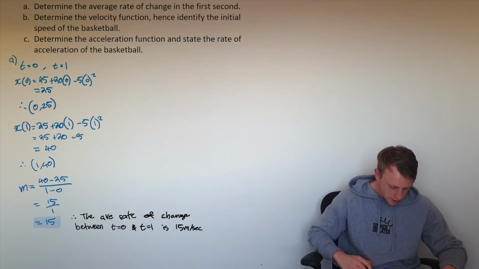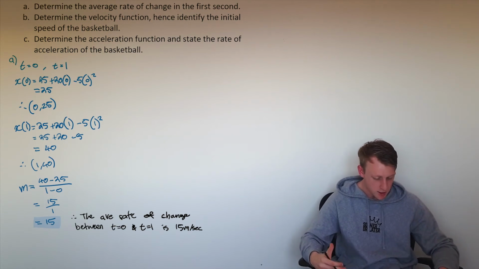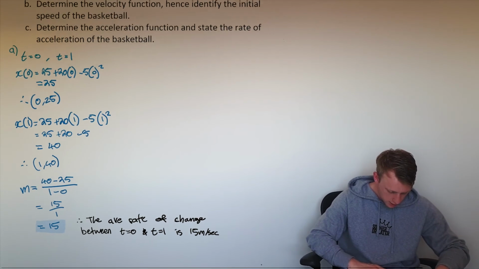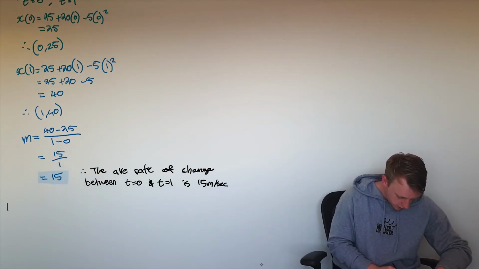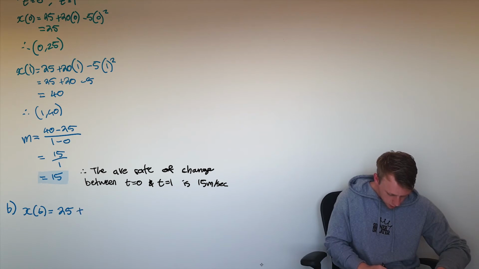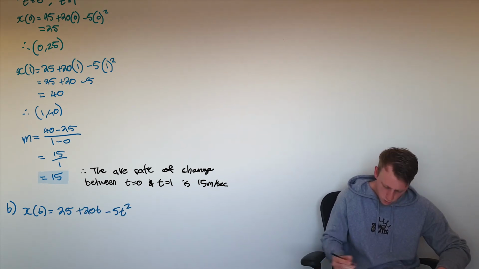Part B of the question here says, determine the velocity function, hence identify the initial speed of the basketball. And here, I'm given a displacement function, which is x of t equals 25 plus 20t minus 5t squared.